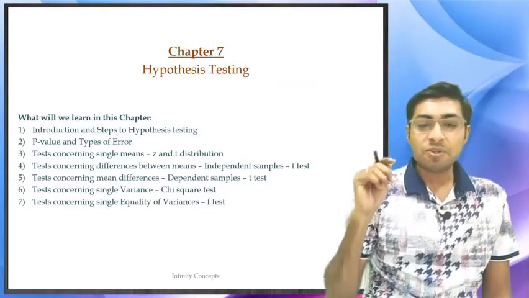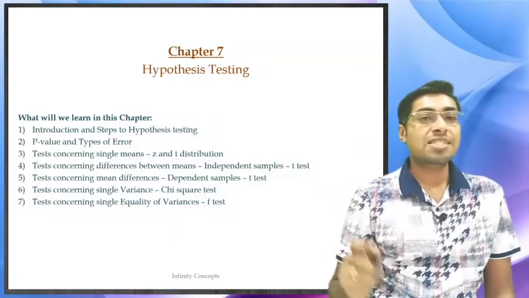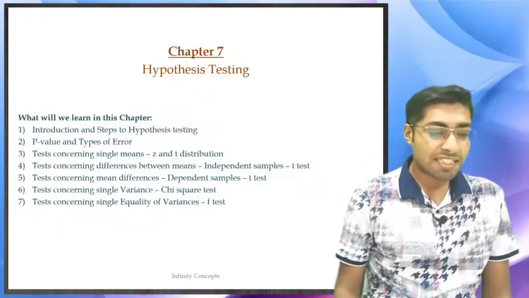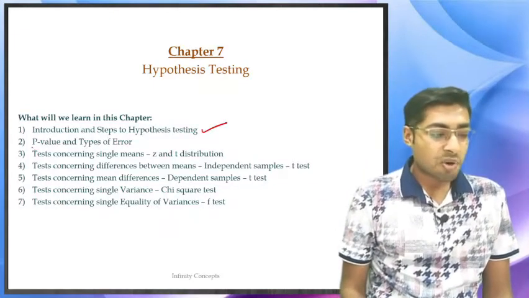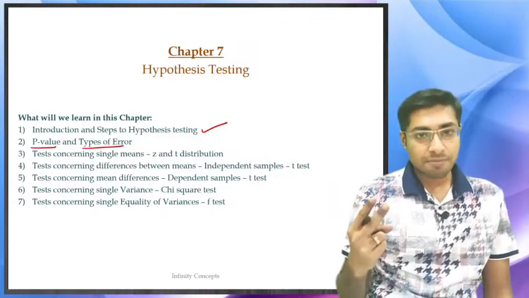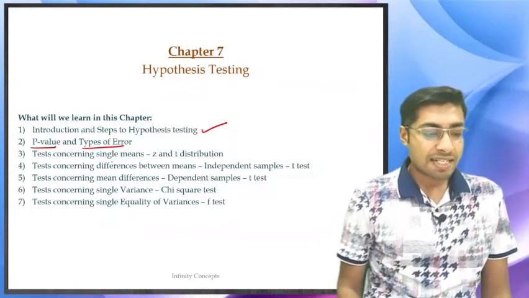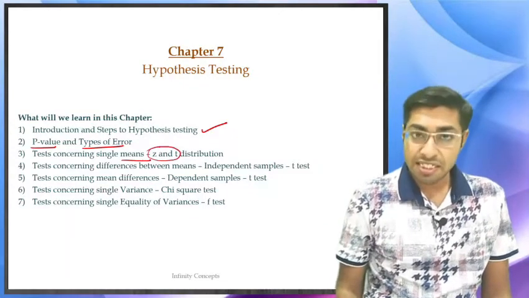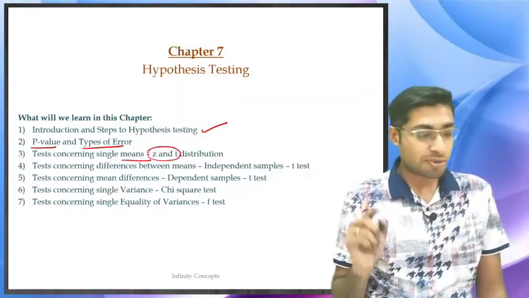Let us see what we are going to learn in this chapter. The 7th chapter, hypothesis testing, very important. Introduction and steps to hypothesis testing, then understanding what p-value is and different types of errors. There are two types of errors, type 1 and type 2 error, that we will be seeing. Test concerning single means: in that we'll be seeing Z distribution and T distribution. We have already learned how to calculate Z distribution and T distribution.